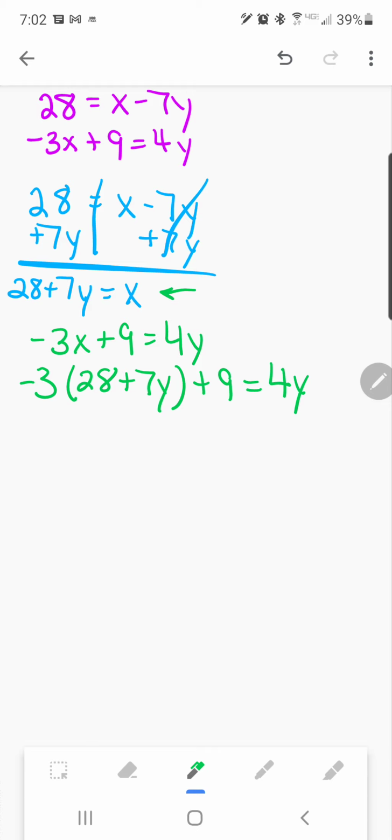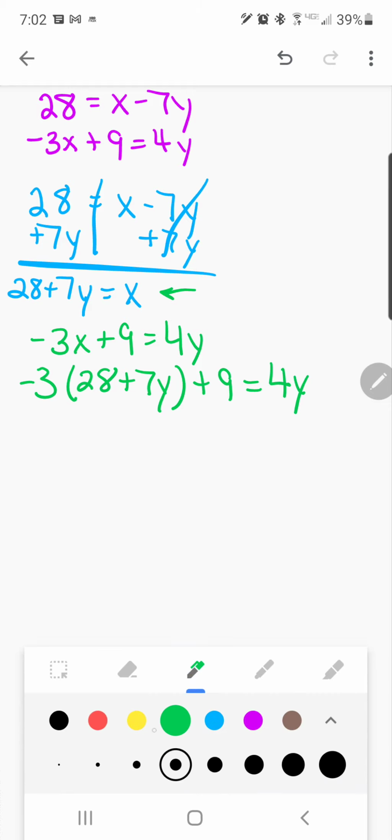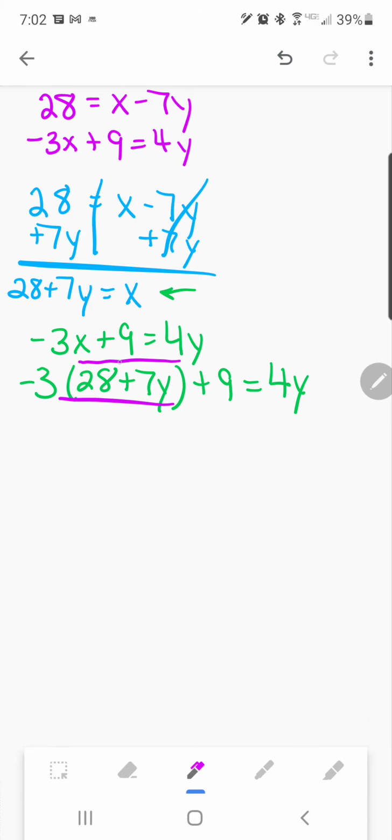So I'm going to use my distributive property to first simplify my expression. Negative 3 times 28 would be negative 84. And then negative 3 times positive 7y would be negative 21y.